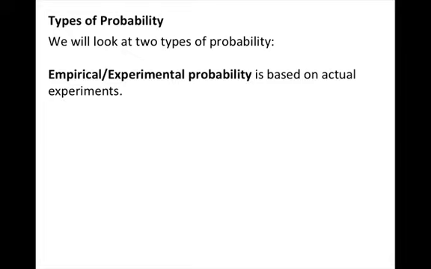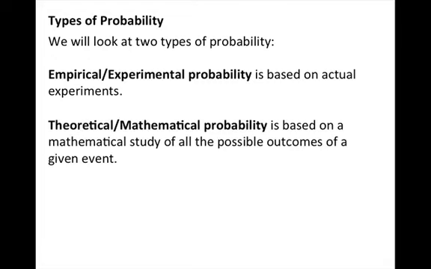Well, let's look at two types of probability that we're going to look at in this class. The first is empirical or experimental probability, and it's based on actual experiments. The second one is theoretical or mathematical probability, and it's based on mathematical study of all the possible outcomes of a given event.